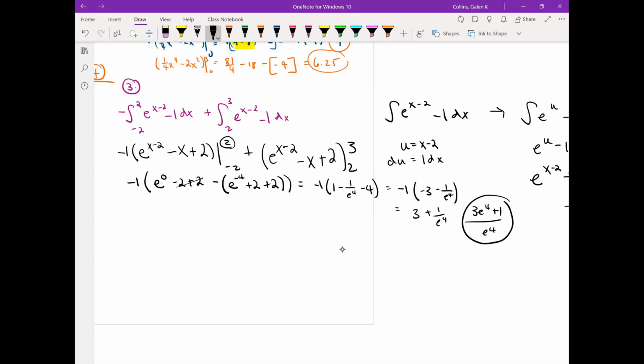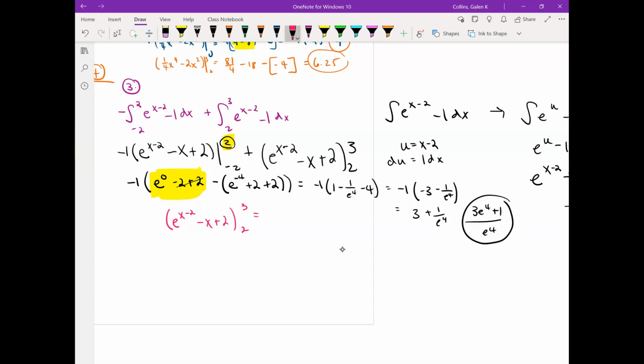Then I also need to integrate from 2 to 3. But when I plugged in my upper limit of 2, this is what I got, so I already know that piece. That should hopefully save us some time. So now when we integrate from 2 to 3, we've already got our antiderivative.